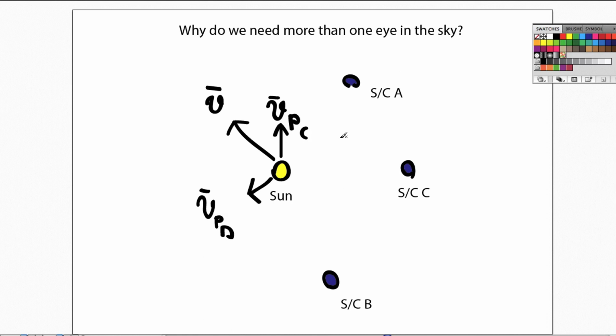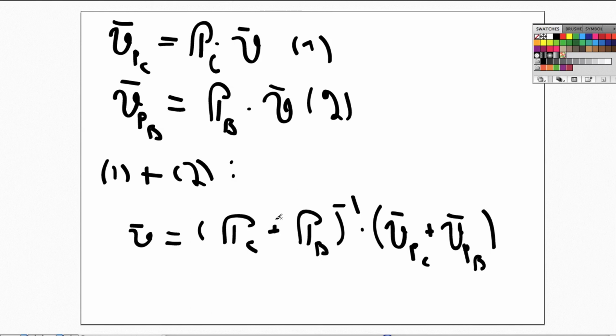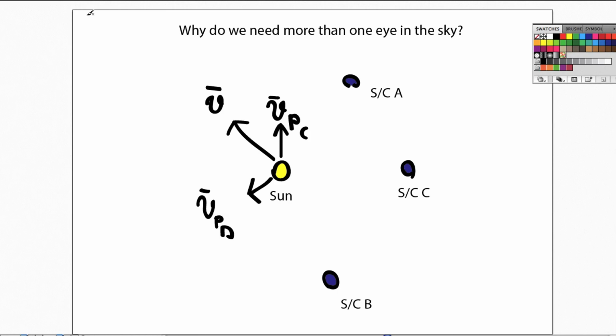By using information from these two spacecraft, you're able to extract three-dimensional information about the propagation direction of the CME. In more mathematical terms, you can use the projection operator formalism to get the actual numbers for the three-dimensional velocity vector of the coronal mass ejection that you see in the imagery.